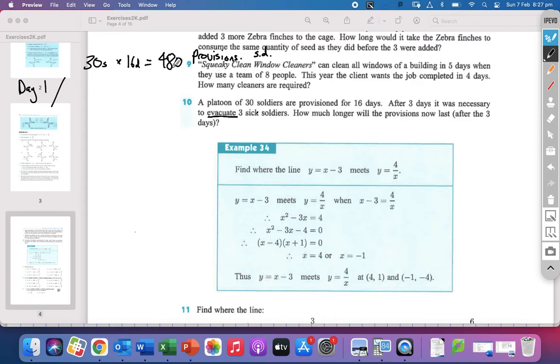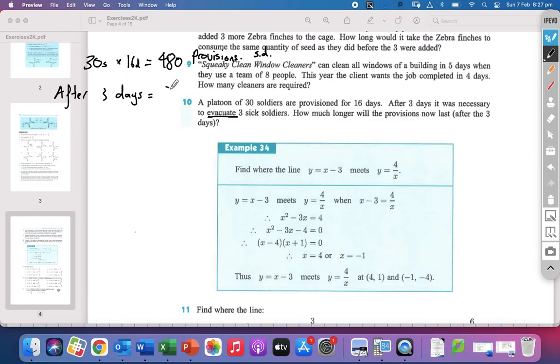So, right. So if you've got 3 days at 30 soldiers, after 3 days, you're only going to have used 3 times 30 is 90, right? So 480 minus 90, you're going to have 390 after 3 days.